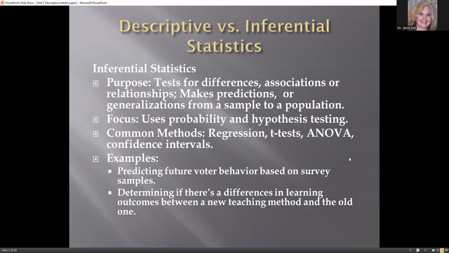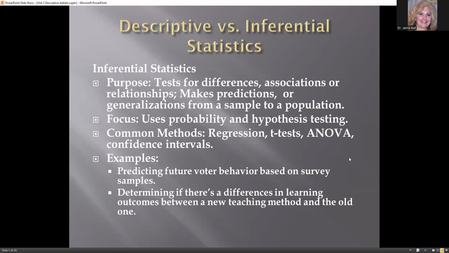Inferential statistics, which you'll learn more about later, the purpose is to test for differences, associations, relationships. It can make predictions or generalizations from a sample about a population. The focus is probability and hypothesis testing. So this is where probabilities come into play.